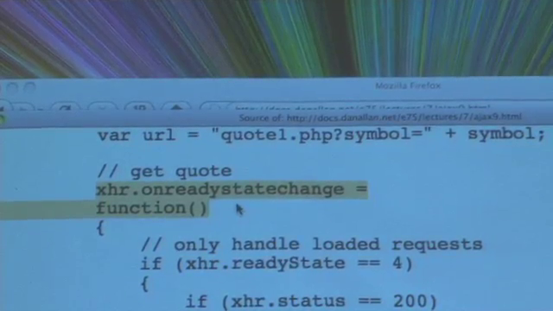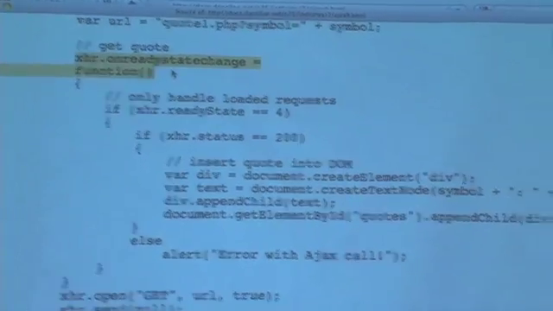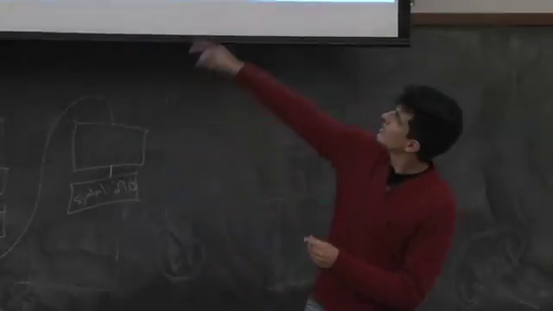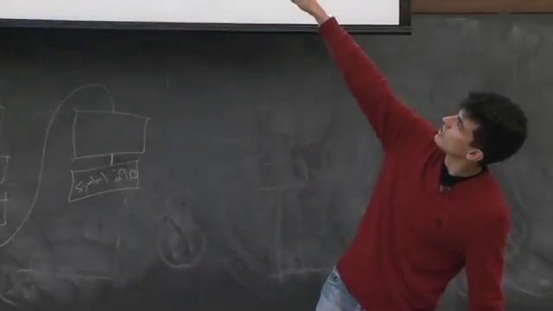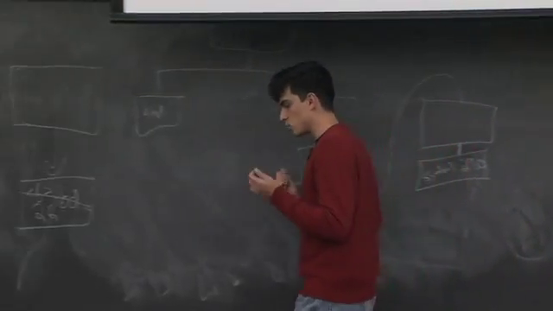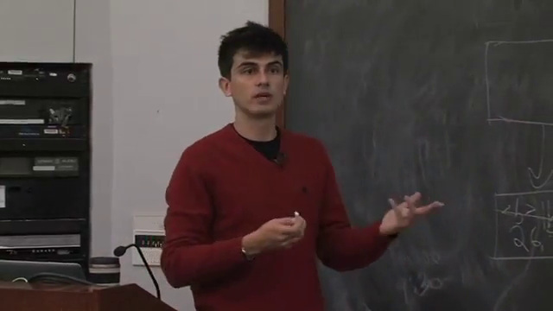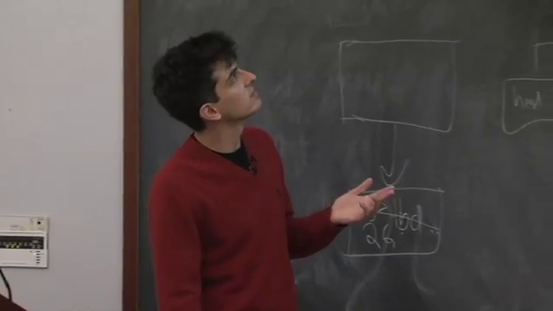An anonymous function, if you're not familiar, is just a function without a name. But it doesn't need a name because the only place it's used is the onReadyStateChange. So we just need to give it this one anonymous function, and it will behave the same as if we had passed it a function name that existed elsewhere.